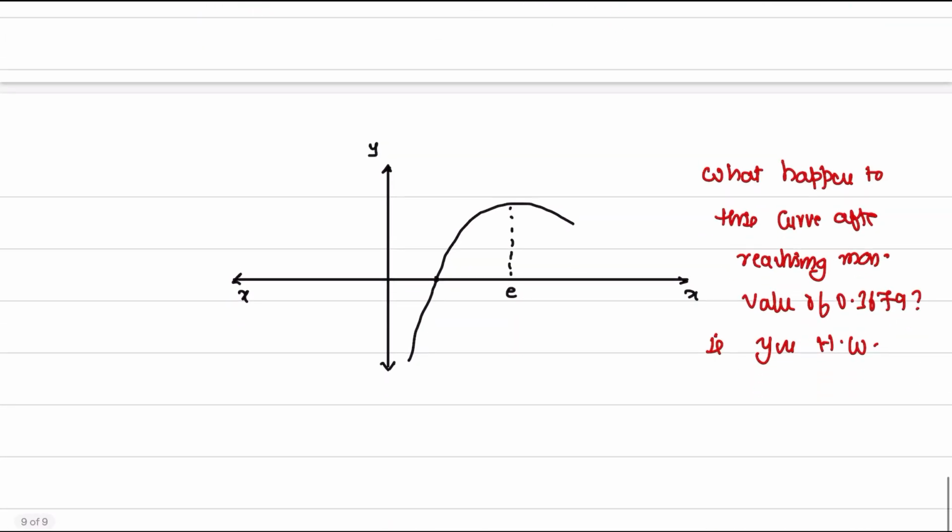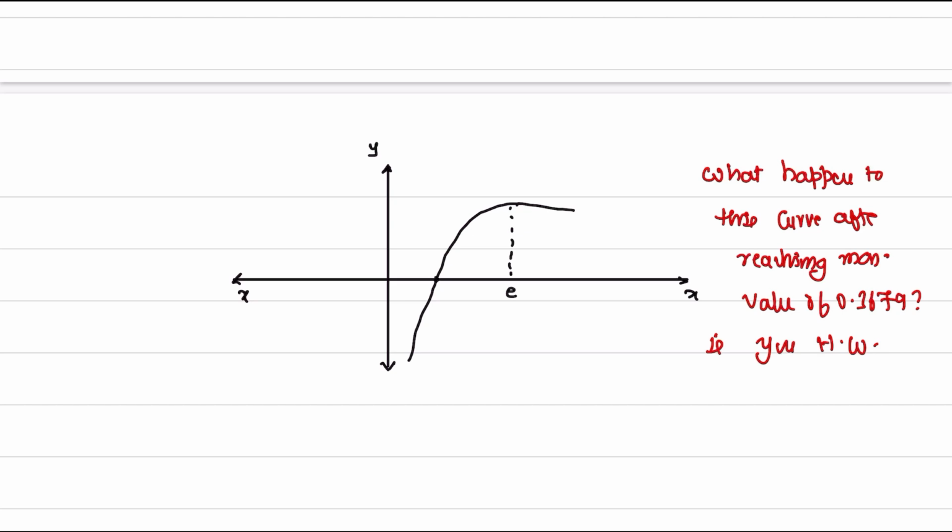And ln x by x, plot. The curve need not be very sharp like this. It can be a little bit like this.